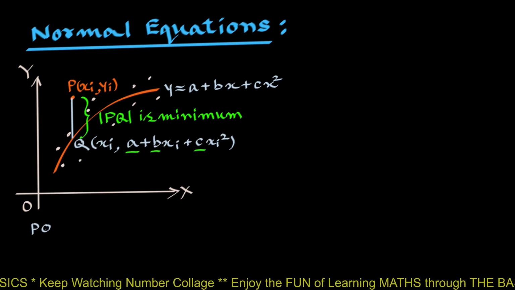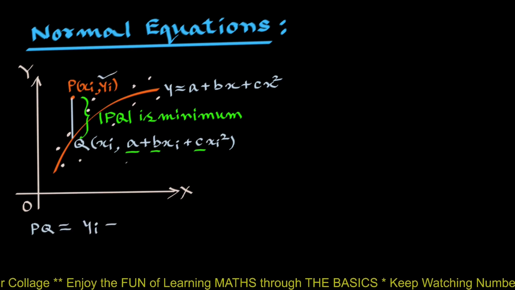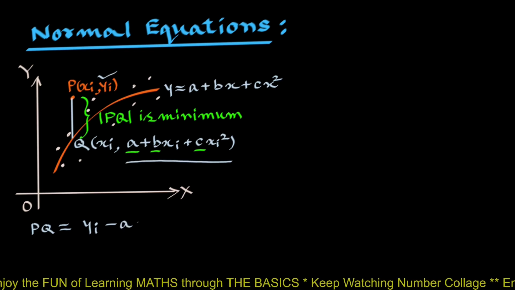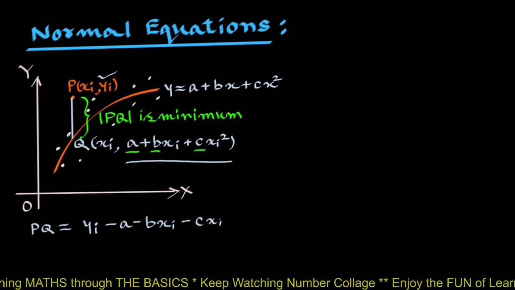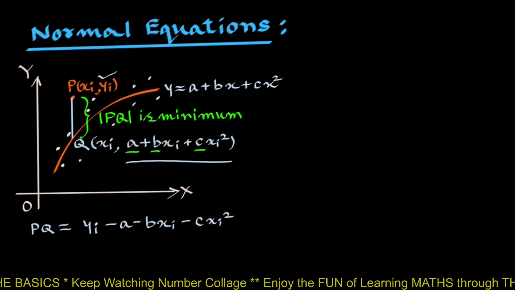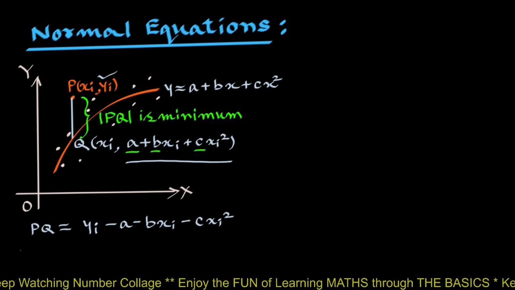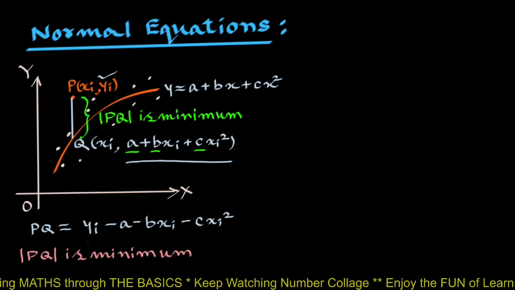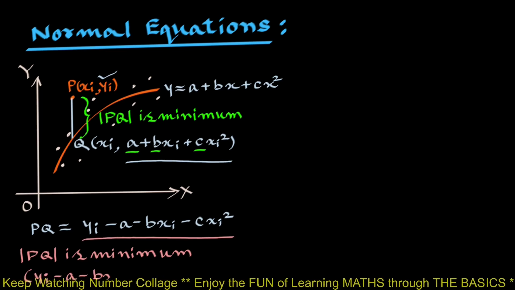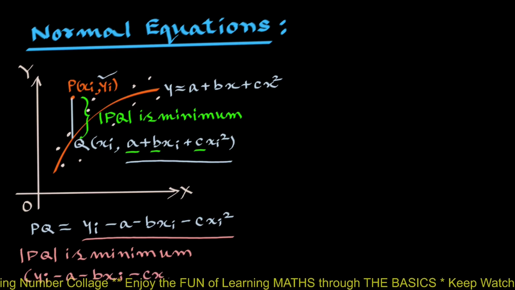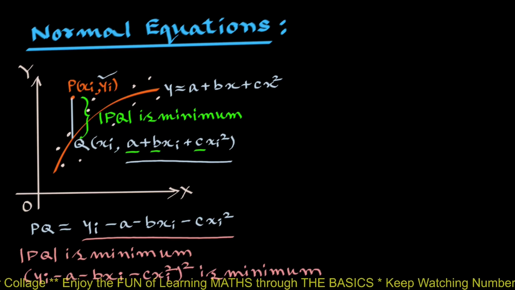Distance PQ will be the y coordinate of point P, yi, minus the y coordinate of point Q, a minus bxi minus cxi square. According to the principle of least squares, mod PQ is minimum when the square of this distance, yi minus a minus bxi minus cxi square, is minimum, and this must be true for all the points.